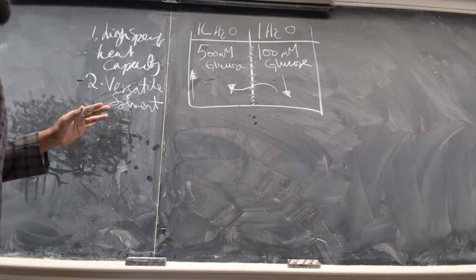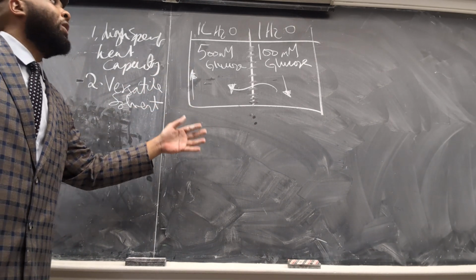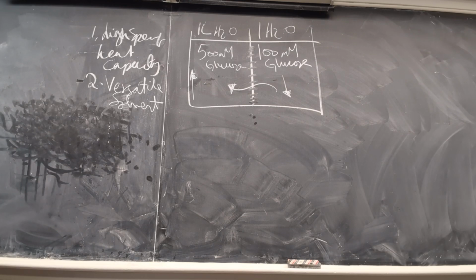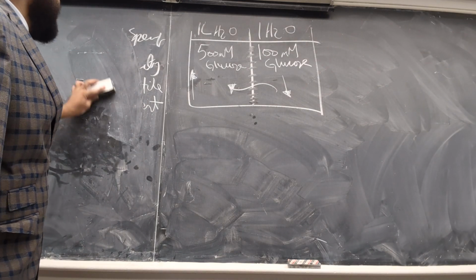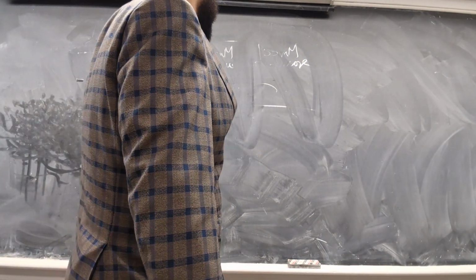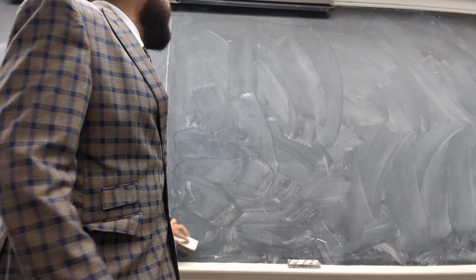Now, what happens now is only the water is going to move to dilute and dissolve this 500 millimolars of glucose. So that is osmosis. The other thing that you are going to be asked on the exam is what happens to the red blood cell in a beaker.